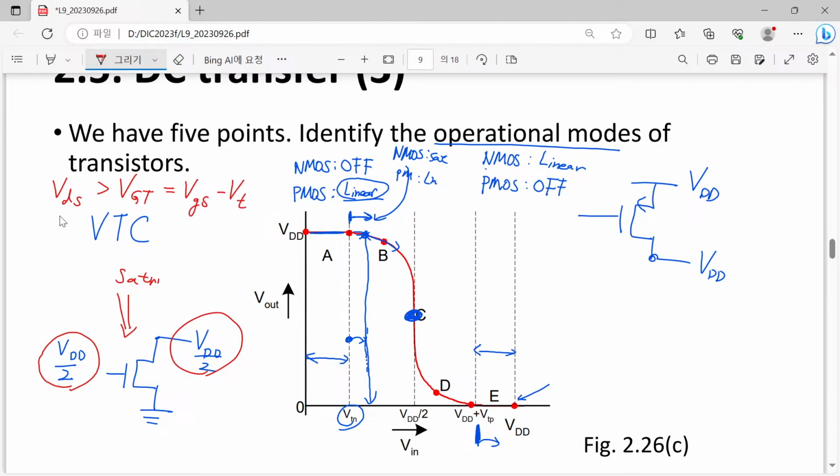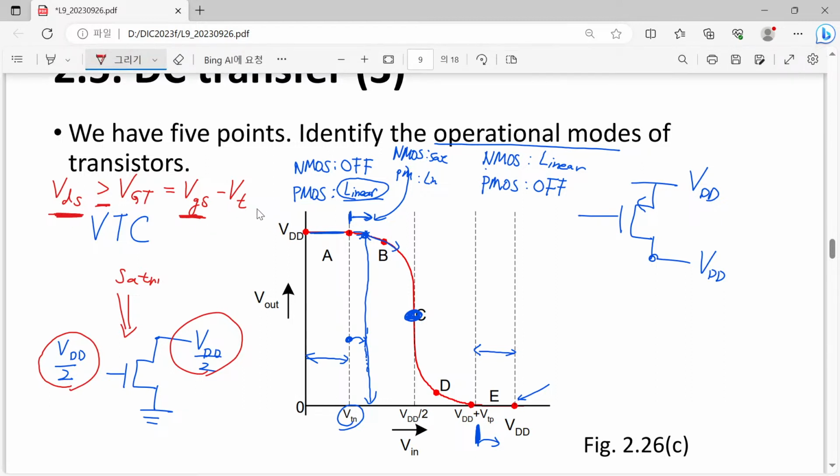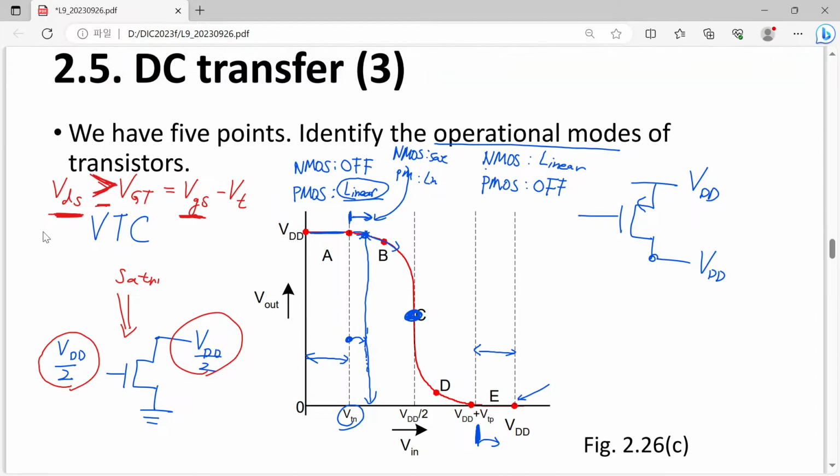If we have the same value for VDS and VGS, then we always have this inequality. When VDS and VGS are the same, the minus VT always dictates this direction. So we are always in the saturation region.